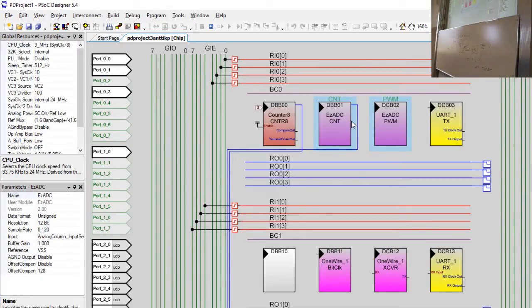This takes not the CPU clock, but the system clock directly and starts counting from that one. But we are using the counter 8 there to provide the clock signal for our low pass filter.